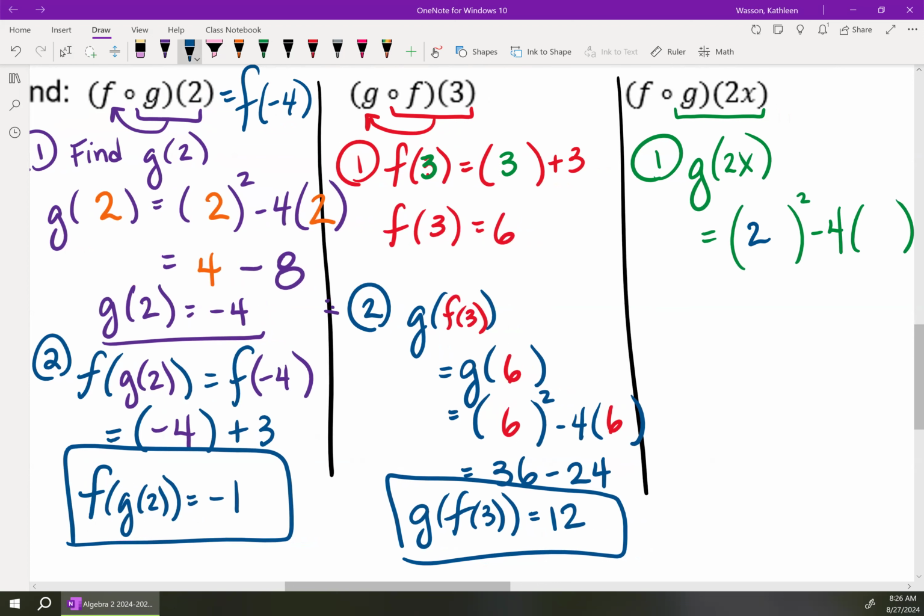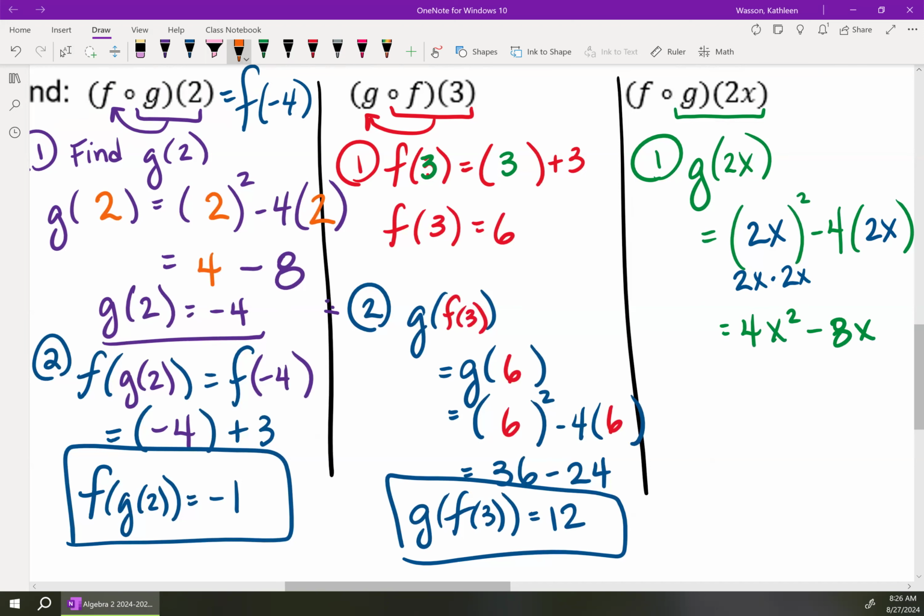I will substitute 2x in each space. So remember that when you square something, you multiply it times itself twice. 2x times 2x is 4x squared. And I'll subtract 4 times 2x. So 4 times 2x is 8x.